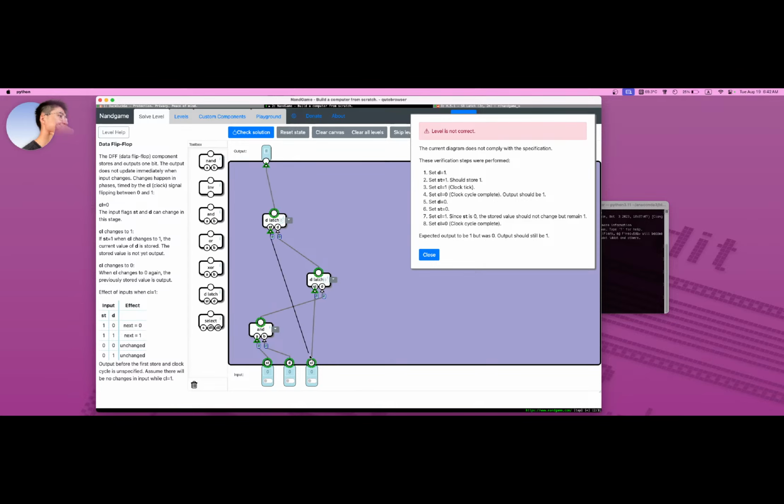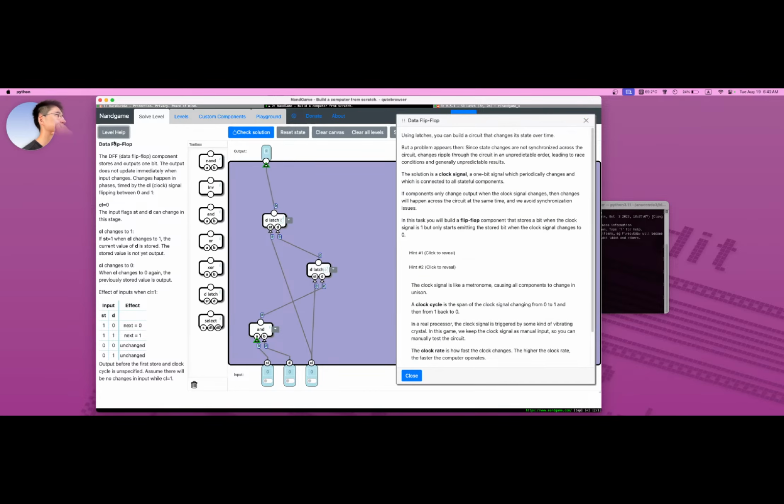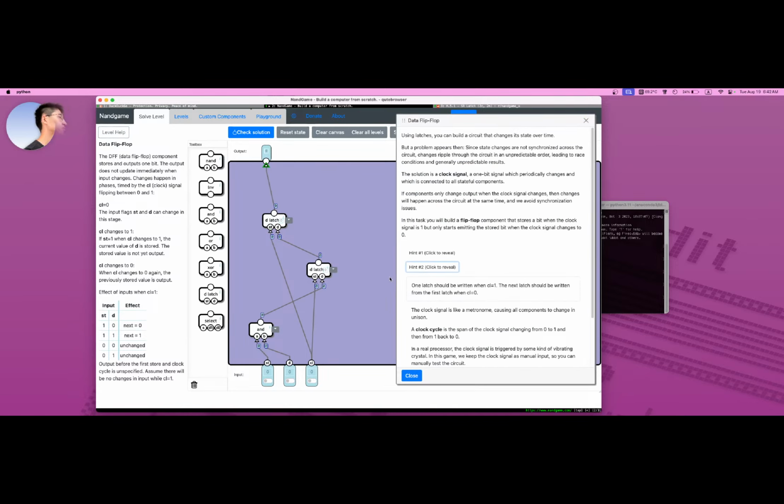Maybe we don't need this inversion. No, we need it. Okay, this is a tough question. One latch should be written when clock is 1. The next latch should be written from the first latch when clock is 0.